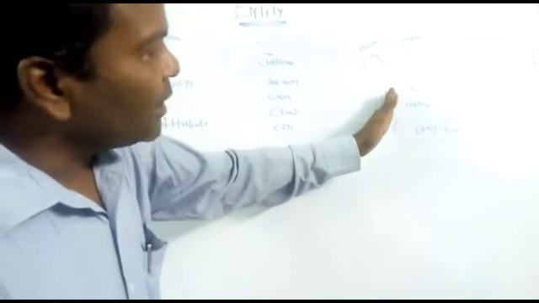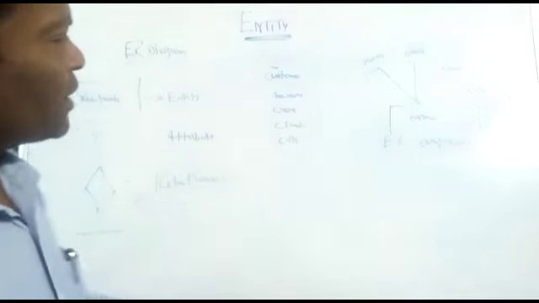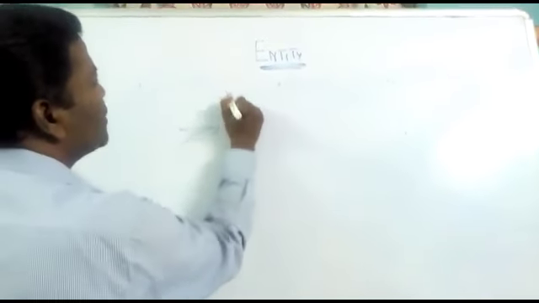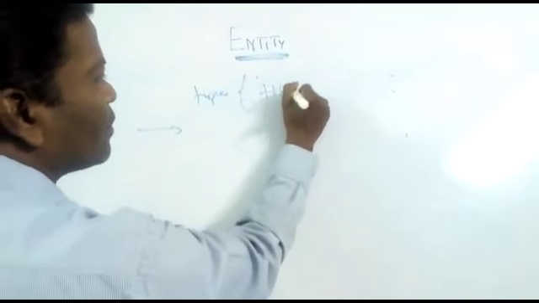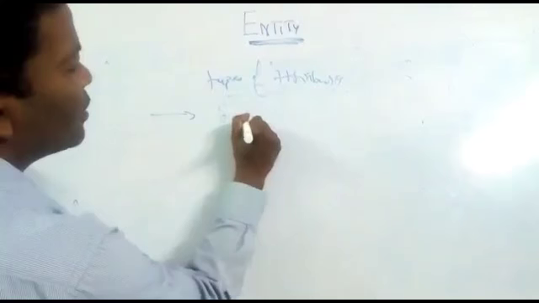So this is the ER diagram for the entity customer. We got one entity and four attributes. Attributes are the properties. Coming back here, we have types of attributes to be represented. The first one is simple and composite.